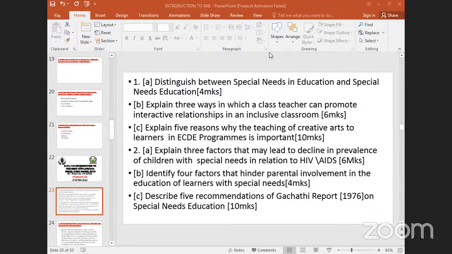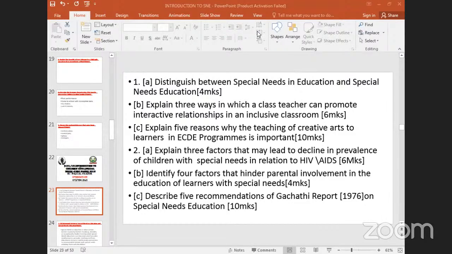Part of what Gachathi was looking at was the development of a child in the education system from the moment the child is admitted in school all the way to the end of the primary cycle, which is considered to be spiral because you are building a given concept from down there across the classes.